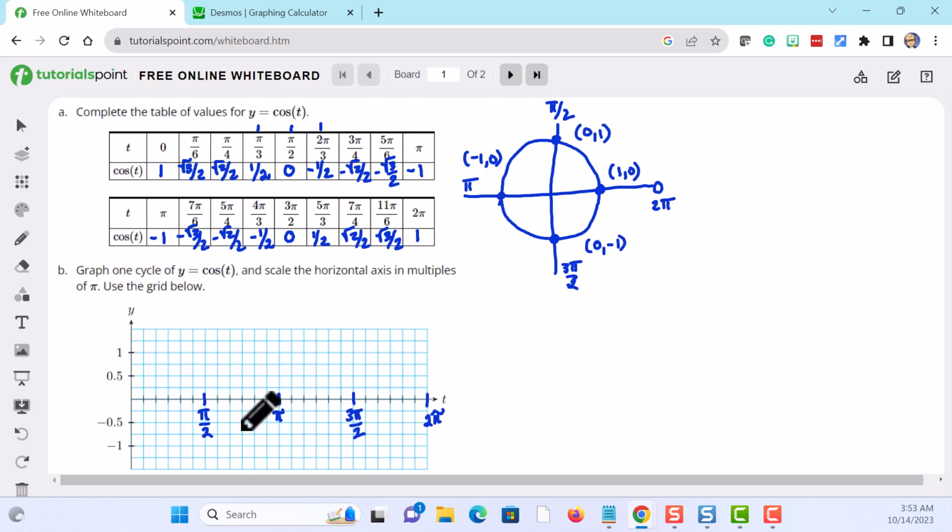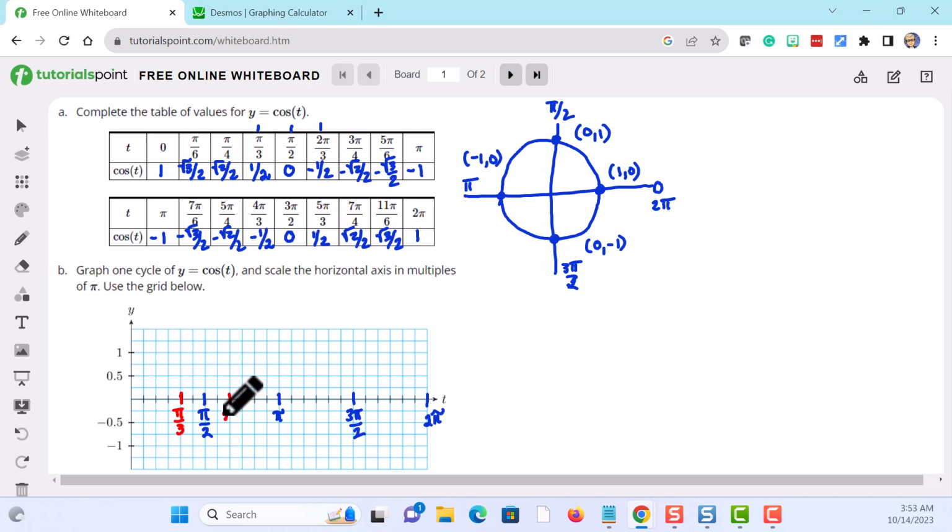Now to get the multiples of pi over 3, I noticed that there's 12 tick marks from 0 to pi, and 12 divided by 3 is 4. So I know that every 4 tick marks is pi over 3. So I go over 1, 2, 3, 4. This is where pi over 3 must be located. Go 4 more.